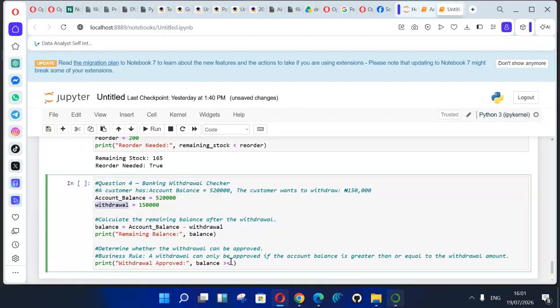Okay, let's see that. So the withdrawal can be approved if the account balance is greater or equals to the withdrawal.